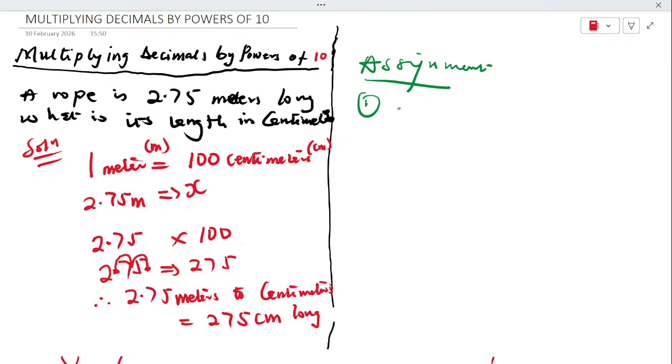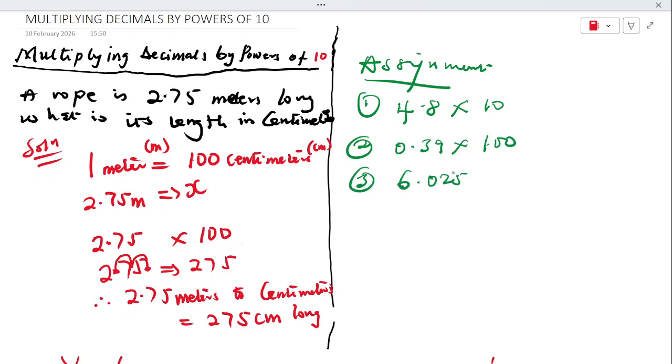Number 1 is 4.8 times 10. You multiply. Number 2, 0.39 times 100. And then number 3, you have 6.025 times 1000.